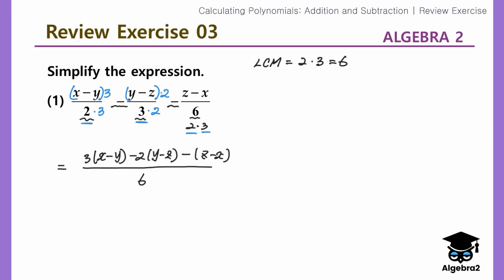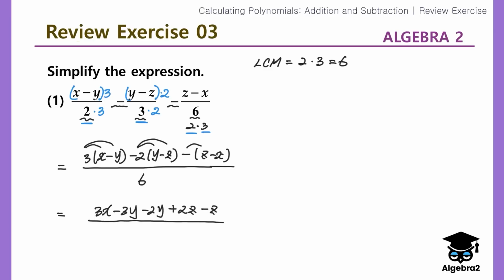Okay, so let's be careful with that. Okay, so let's simplify the numerator. 3x minus 3y, minus 2y plus 2z, minus z, minus times minus, plus x.